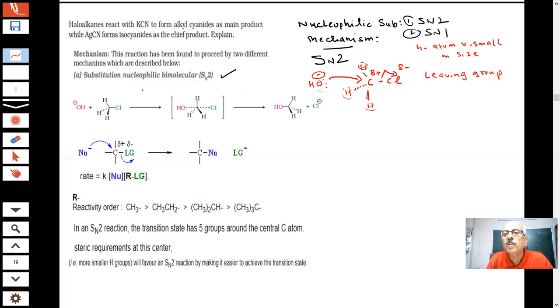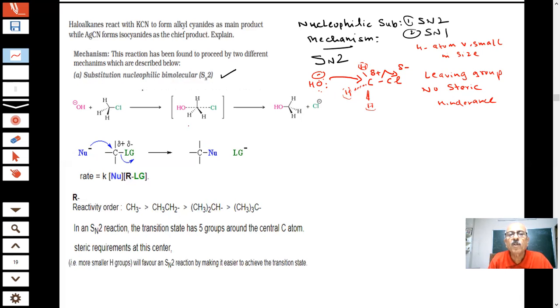Since hydrogen atoms are very small in size, there is no steric hindrance or crowding. It is not a crowded place. It is easy. As the atoms are very small, the nucleophile can come and attack this carbon, and the chlorine can leave. This is the leaving group, and this is the attacking reagent, the nucleophile.